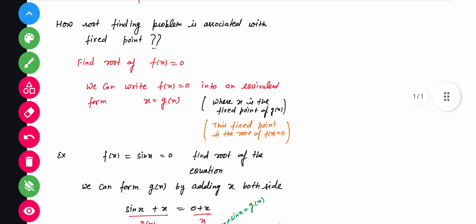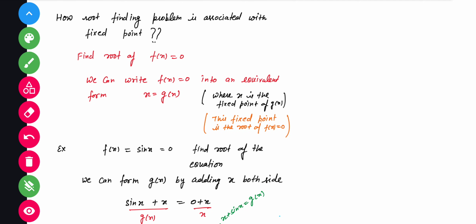And then, how is the root finding problem associated with the fixed point? The ultimate target is to find the root of a nonlinear equation. But how this fixed point is helping us to find the root of a nonlinear equation, that we will see now.